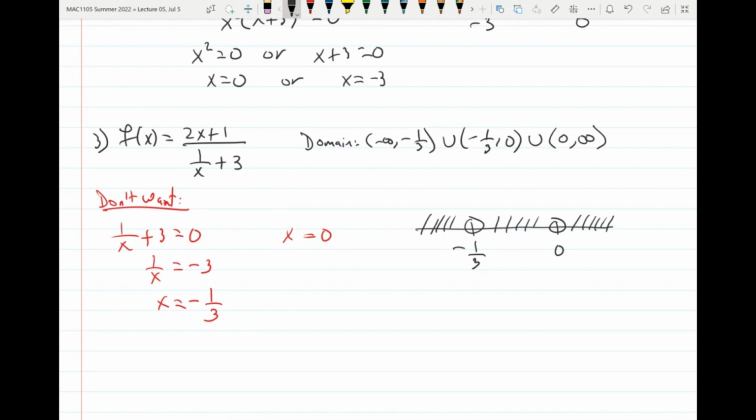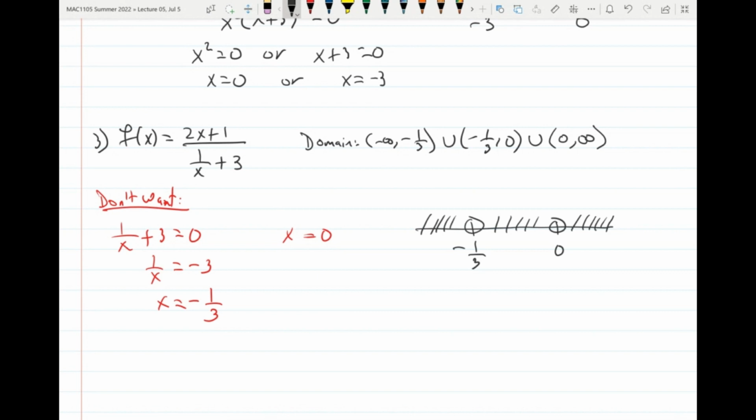Okay. Questions? Yes. Why do you have to include one answer with a negative infinity? Oh, look at the picture. We're just describing these three pieces. So how do you describe this interval? Well, negative infinity.